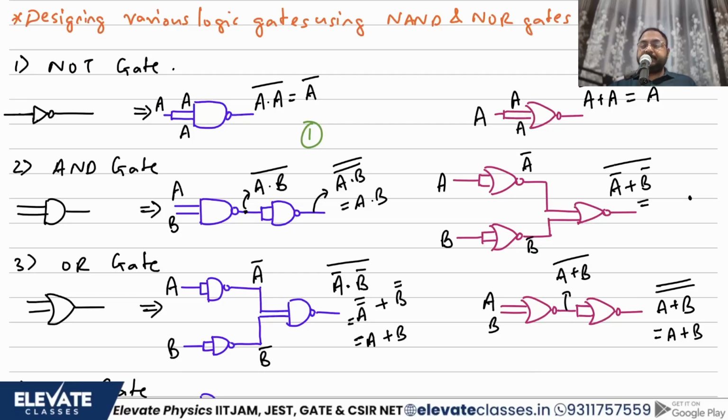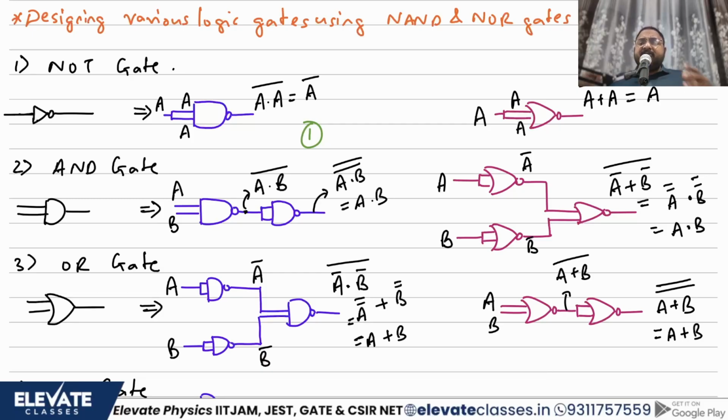Plus will become dot, this will become A double bar, this will become B double bar, and the double bars cancel out, so it will become A dot B, which is nothing but an AND gate. By the way, if you're not very sure of how De Morgan's theorems work, please feel free to go back and check our video on De Morgan's theorem and you'll get an idea.